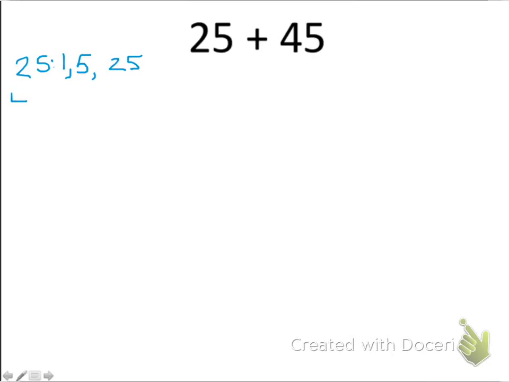All right, 45. There's a few more. It's divisible by 1, and 45. It's not divisible by 2. It is divisible by 3, and it's 3 times 15. It's not divisible by 4. It is divisible by 5, and it's 5 times 9. It's not divisible by 6 because it's not divisible by 2.